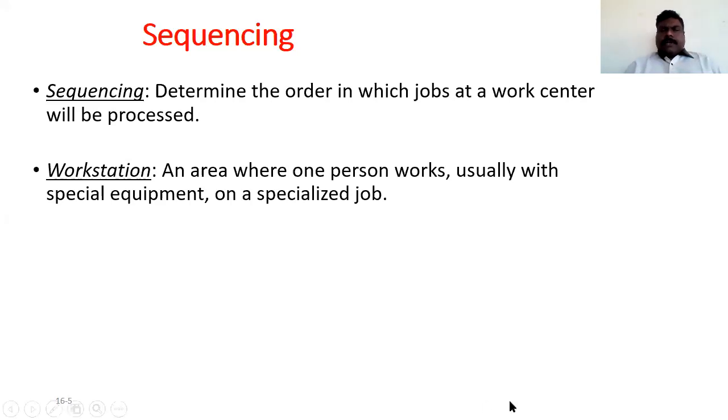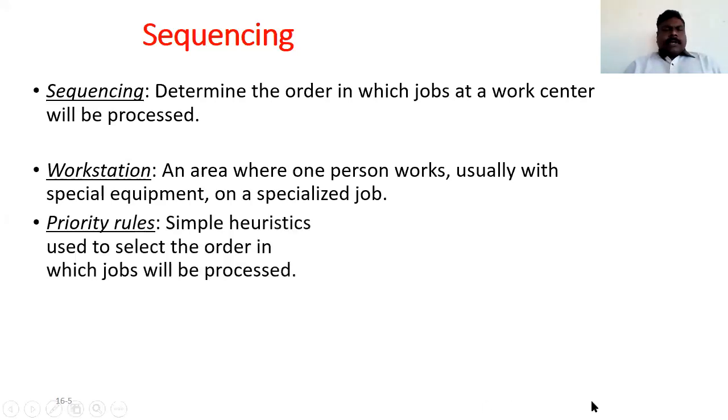We have so many machines over there. Priority rules are simple heuristics used to select the order in which jobs will be processed. We have many jobs, so we need to know which job to do first, second, third, and finish off.